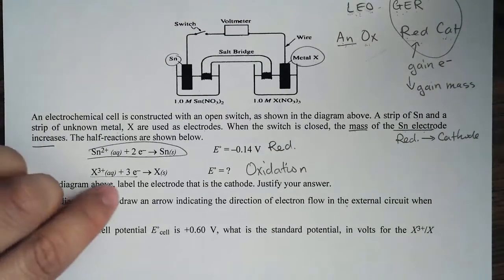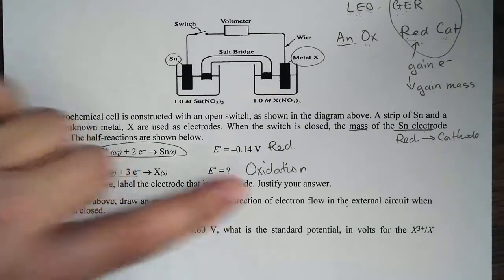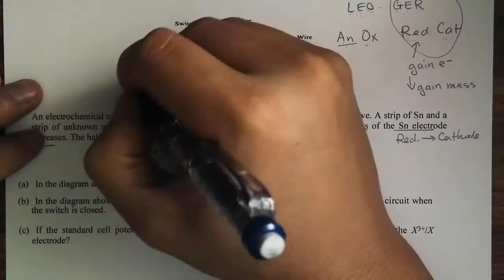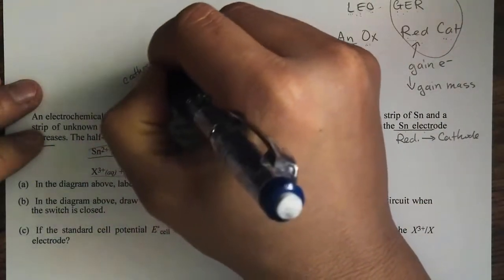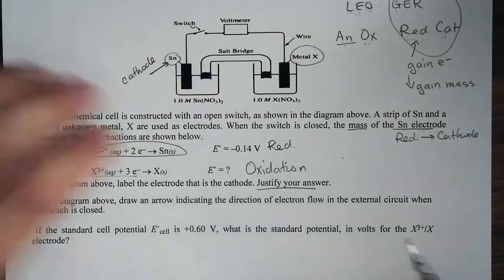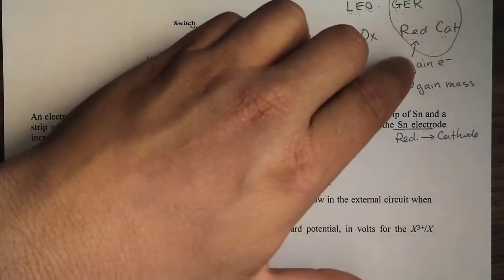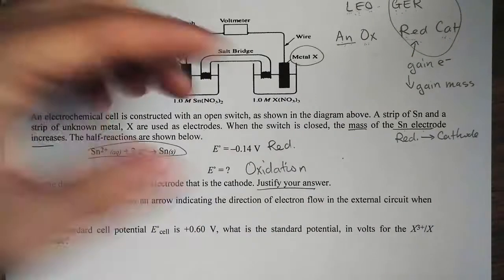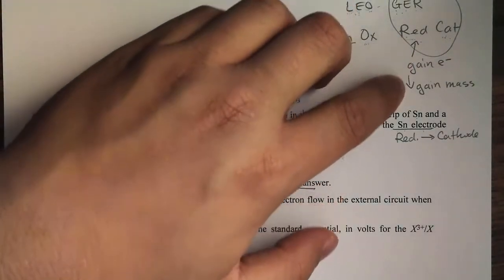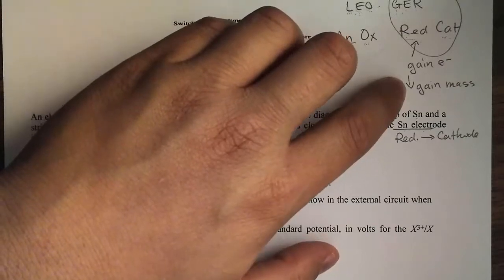So keep that in mind as we continue our problem. In the diagram above, label the electrode that is the cathode, which we know is going to be right there, Sn. So that would be your cathode. And how do we know? Based on the justification that reduction gains electrons, so you can write: reduction gains electrons, and the gained electrons will interact with the metal ions, which will convert to metal.